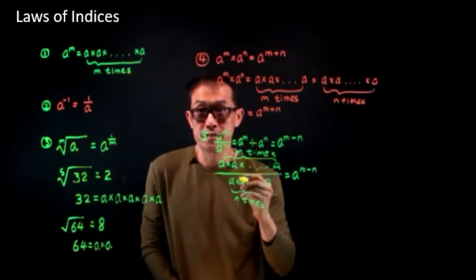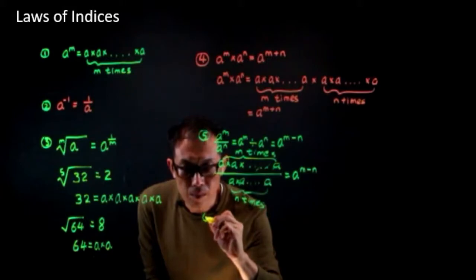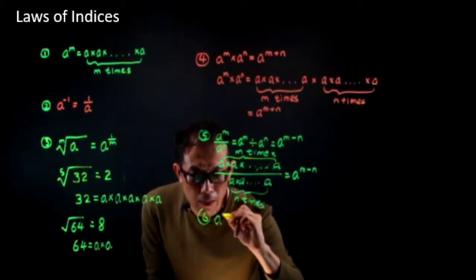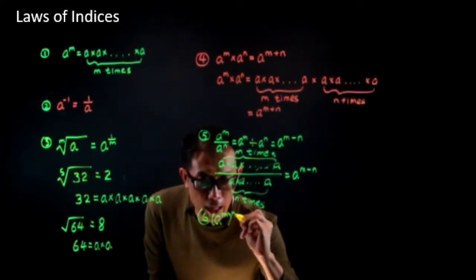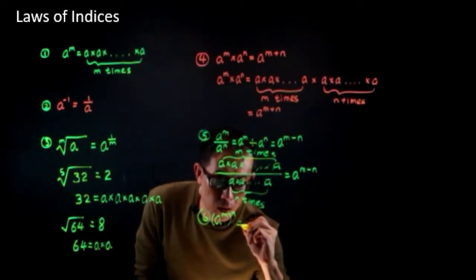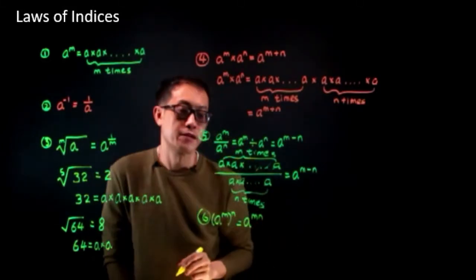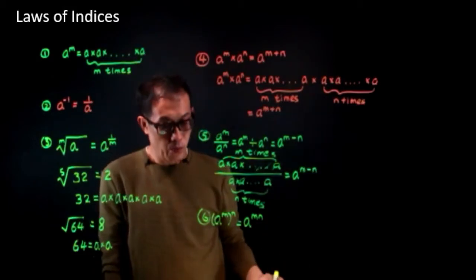Rule number 6. A to the power m, to the power n, is equal to A to the power m times n. Now why is this so?